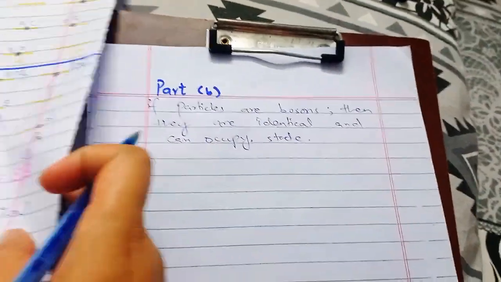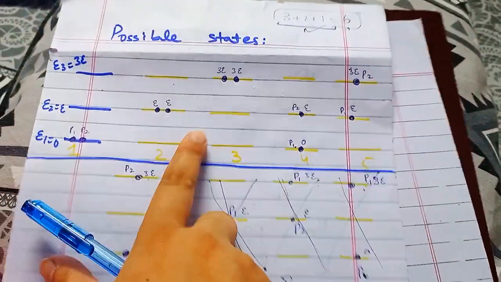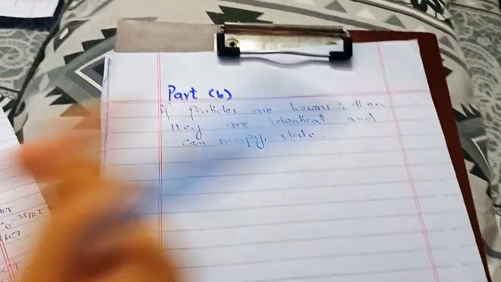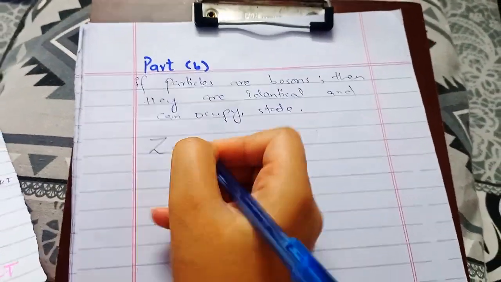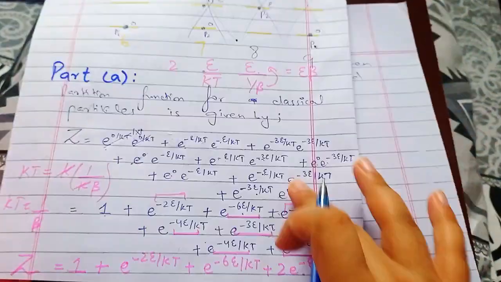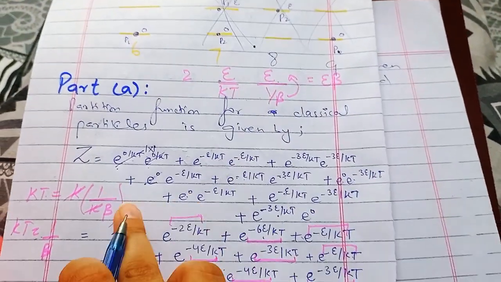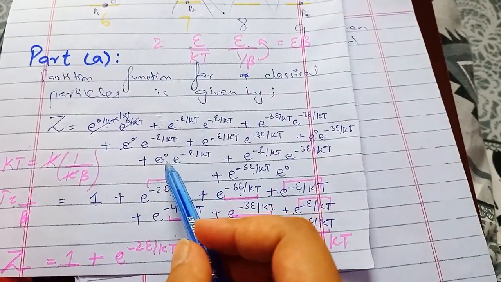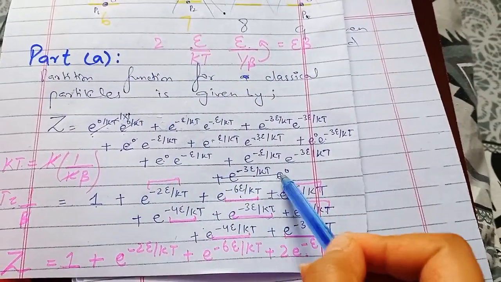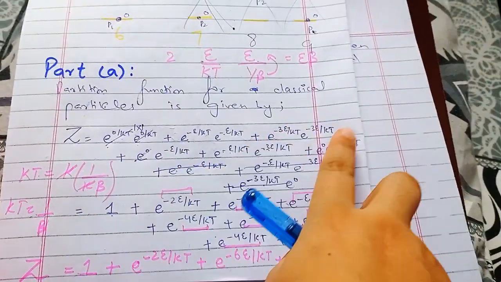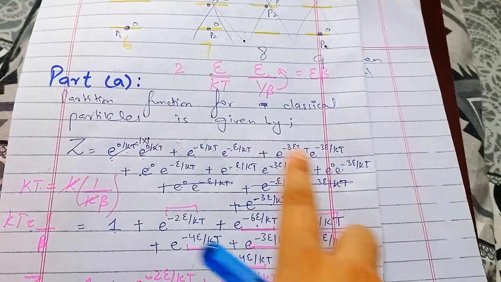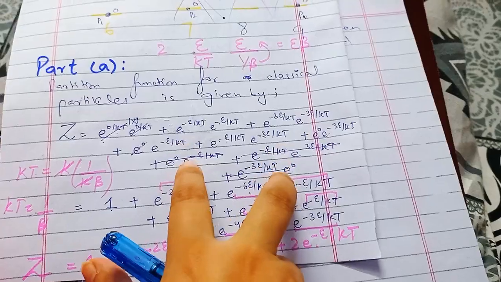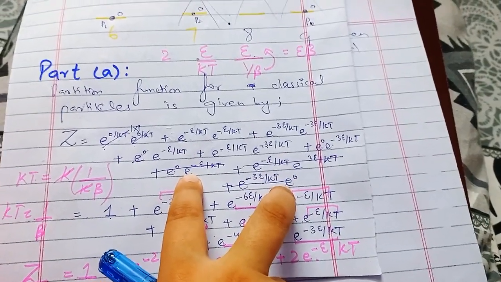So we'll find out the partition function considering these 6 states only for bosons, and Z would be equal to, you'll do the same thing you did for the classical particles, but you will not consider the last 3 terms, like this term, this term and this term. Rest of all the terms will be same, so you can simply write them together till this point, and the last 3 terms will not be written in case of bosons.